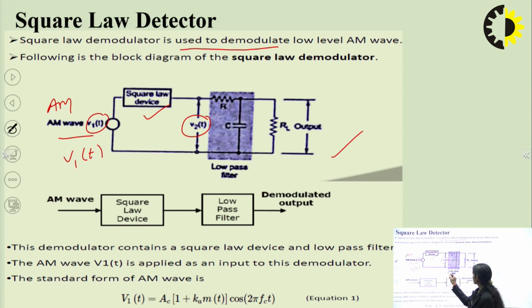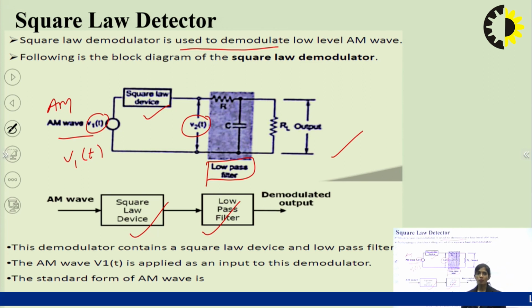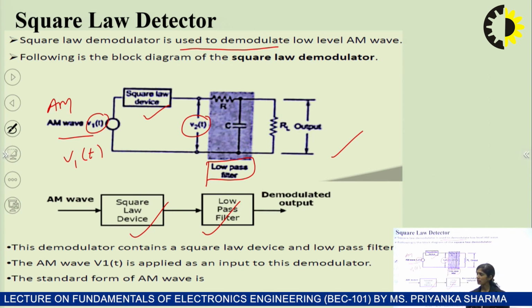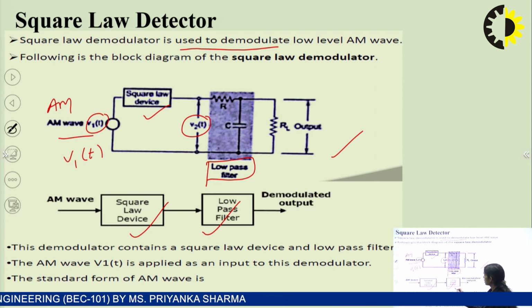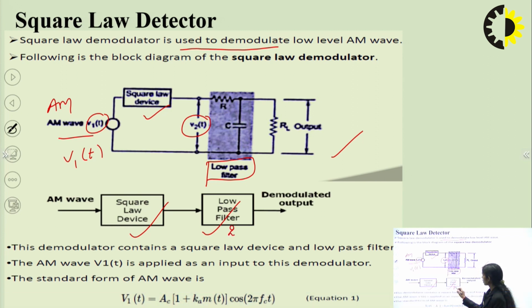After that it is passed through the low pass filter. This block diagram is shown here. Here we use the low pass filter instead of the band pass filter, because in this case we want to recover the original message signal, and the message signal is a low frequency signal. So that's why we want the low pass filter. This will filter out the FM frequency component.